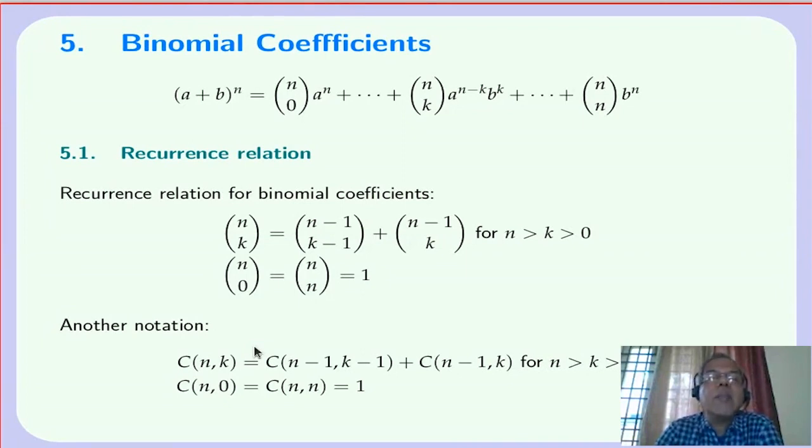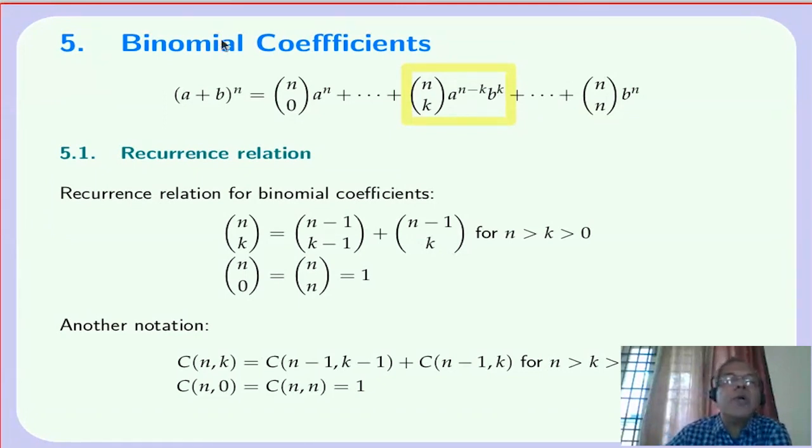In general, the term is n choose k a^(n-k) b^k, and the last term is n choose n b^n.